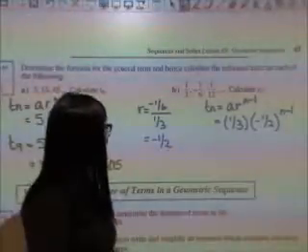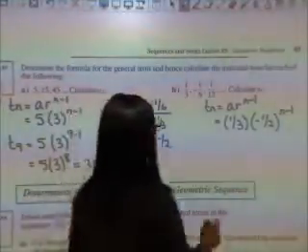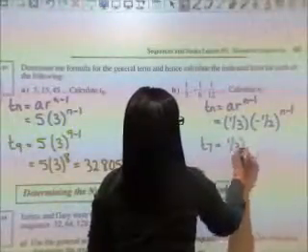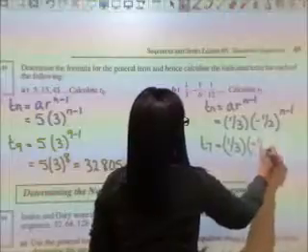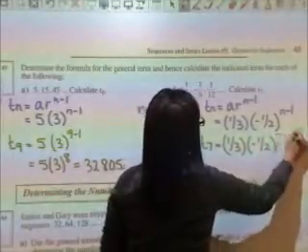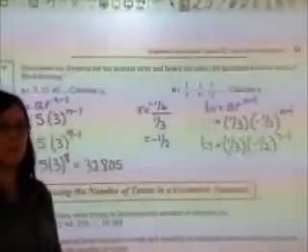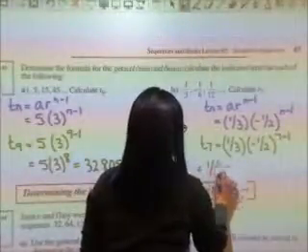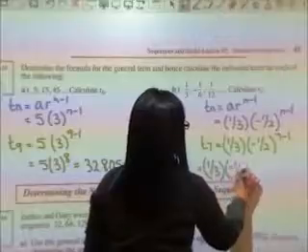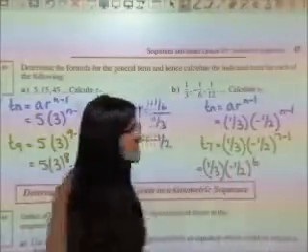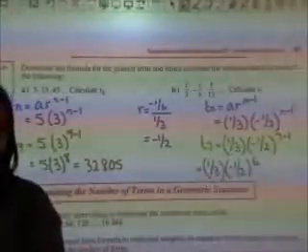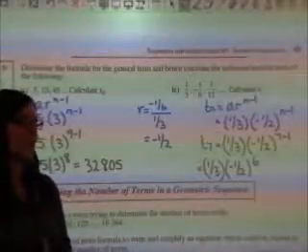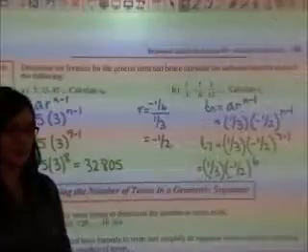So if I'm calculating t of 7, I would have 1/3 times negative 1/2 to the power of 7 minus 1, or 1/3 times negative 1/2 to the power of 6. And what would I get as a fraction for an answer?